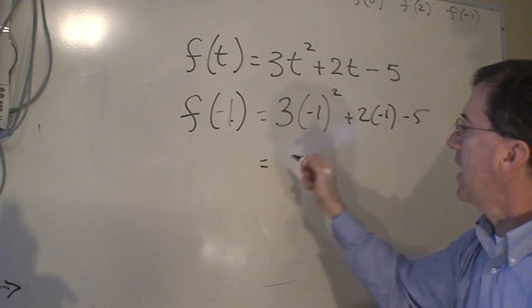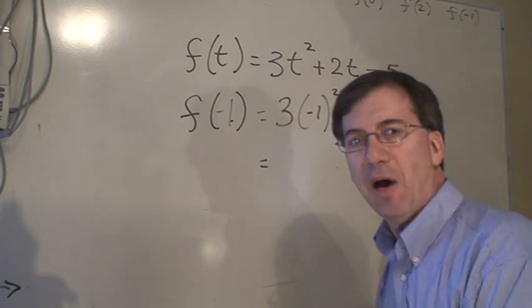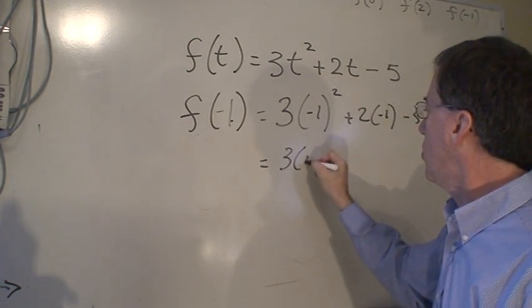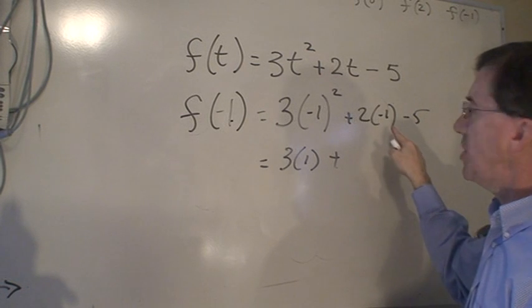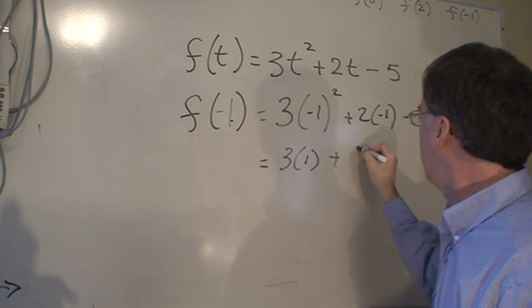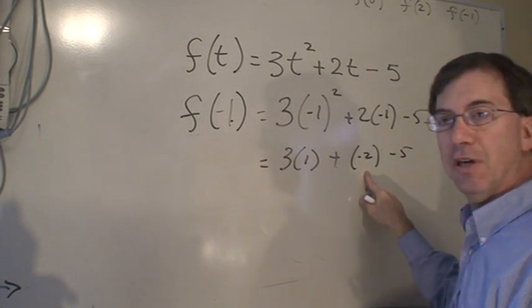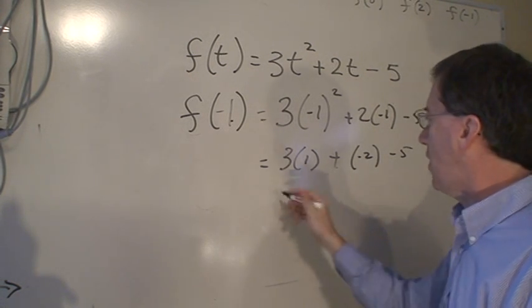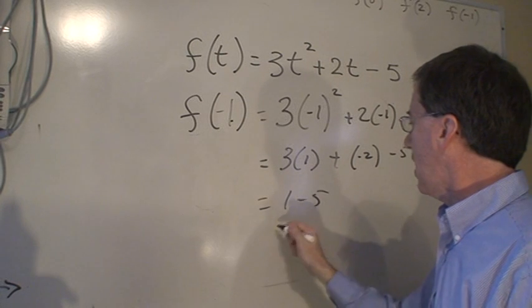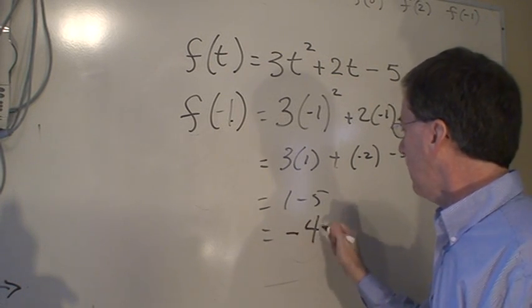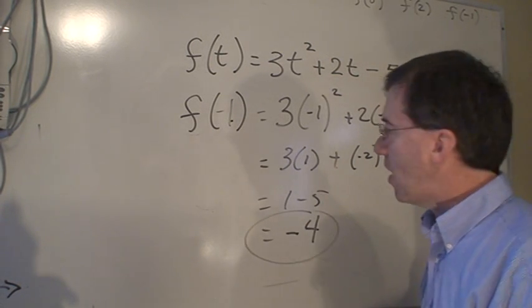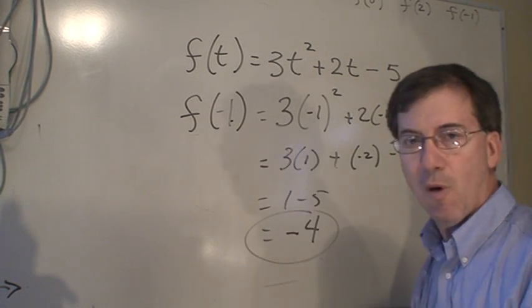Now, negative 1 times negative 1 is actually a positive number. So I'd have 3 times 1 plus 2 times negative 1 is a negative 2, minus 5. So I'd have 3 plus negative 2, so that's a positive 1 minus 5. So I have 1 minus 5 equals a negative 4. So negative 4 is what I get for f of negative 1.